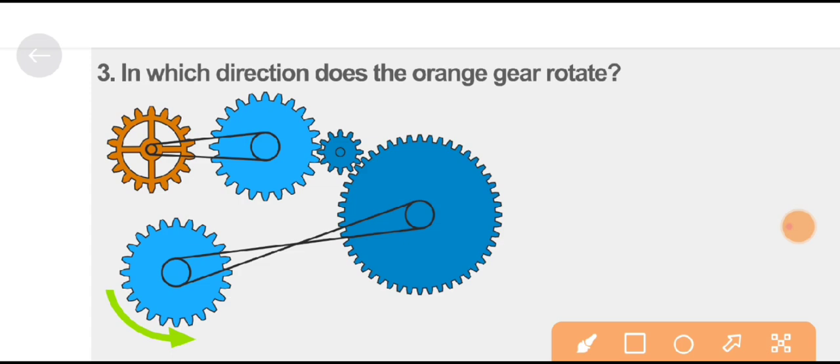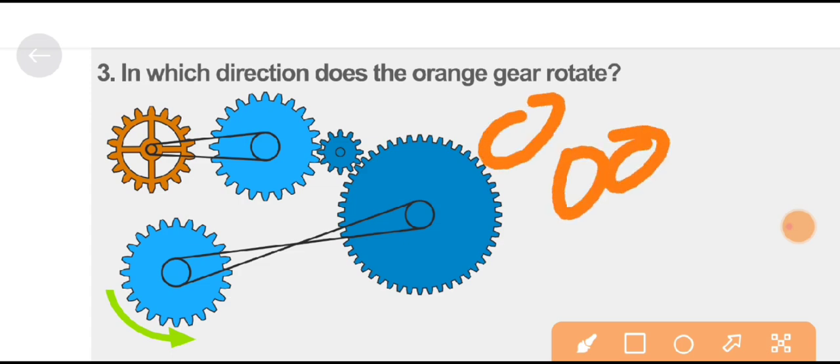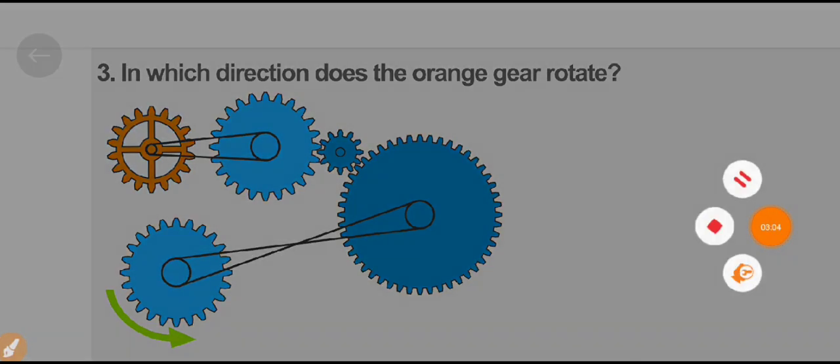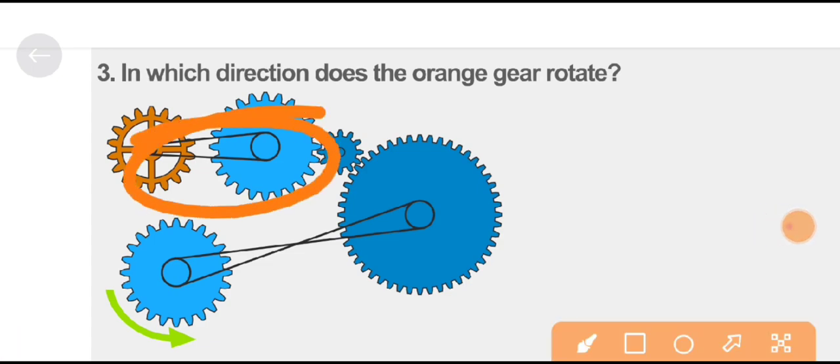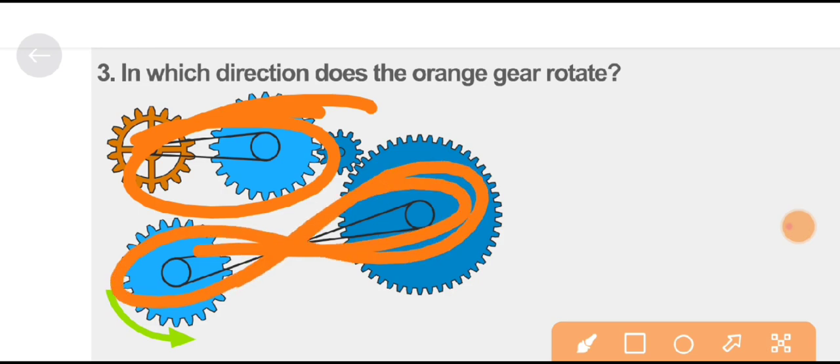I have told you about external gear and internal gear. Now it is with a rope, or we can say related to a belt. If the belt is simple, then the direction will be the same, but if the belt is crossed in the figure of 8, then the direction will be changed.